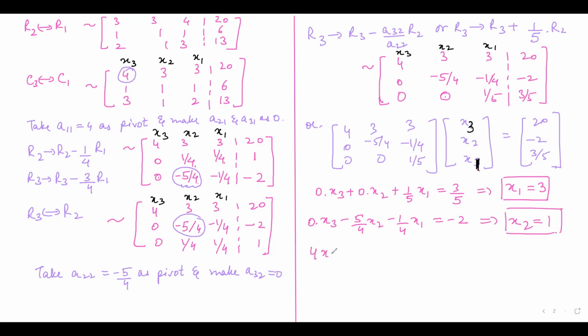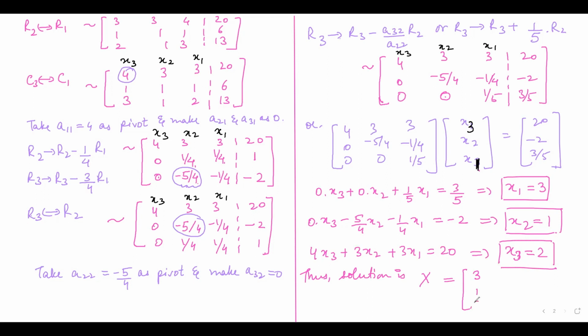Similarly, 4x3 plus 3x2 plus 3x1 equal to 20. I'll get my x3, sorry, as 2. Thus, the solution is capital X, that is 3, 1, 2.